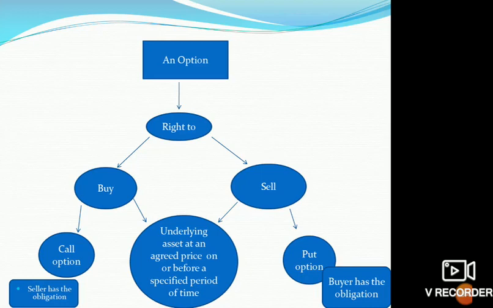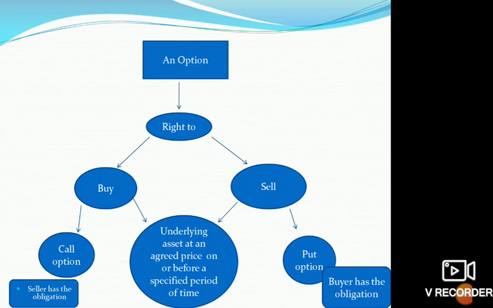Am I right? In the short position. So if a buying party has the right, then it is called a call option where the seller has the obligation. Okay, if the selling person has the right to sell, then obviously it is called a put option. Okay, where the buyer has the obligation.